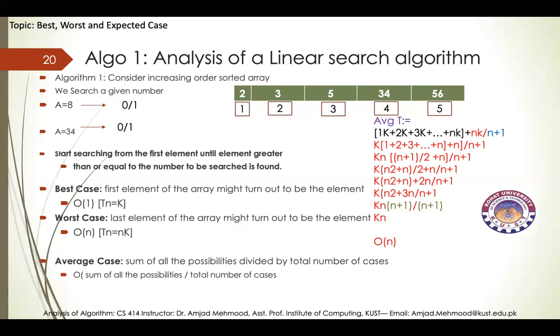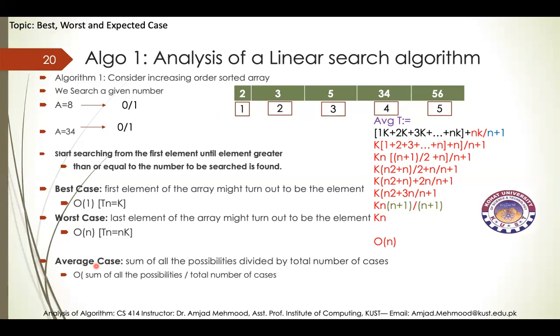Now, average case. In most cases, it is not demanded of the algorithm to calculate average cases. Most of the time, we are asked for the best case or the worst case, but we are normally not asked to calculate average cases.